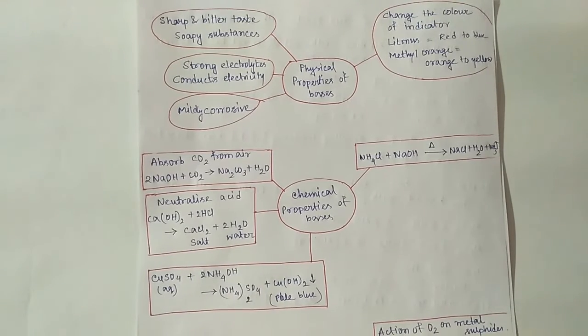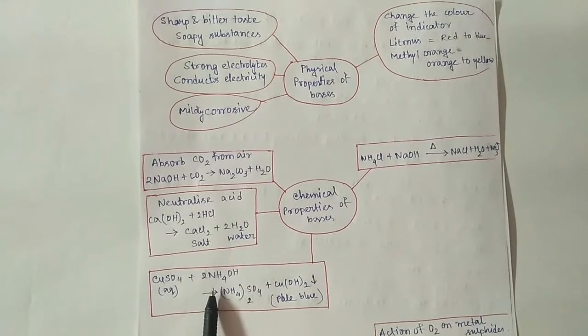Next, when we add a base to solutions of salts like CuSO4, and the base here is ammonium hydroxide, we'll see that it precipitates an insoluble metallic hydroxide, Cu(OH)2, copper hydroxide, and its color becomes pale blue.